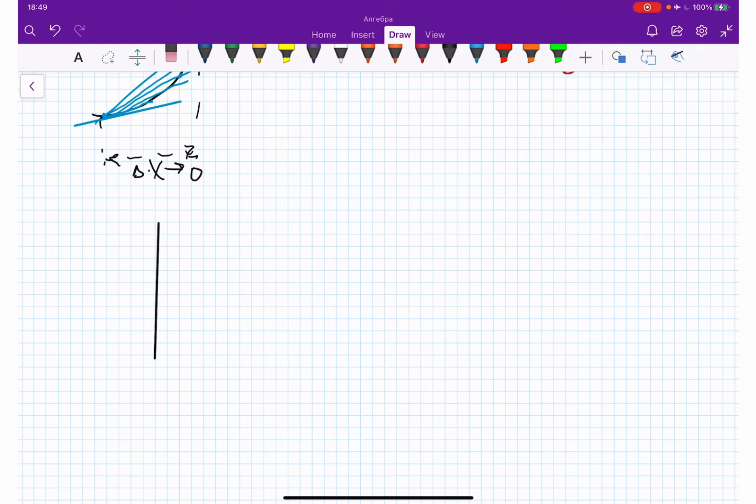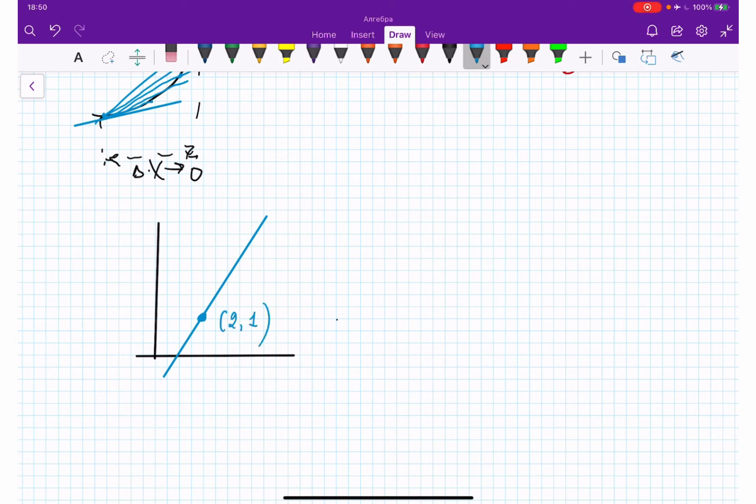I have such a graph. I'm not going to follow proportionality of the x and y, I'm just going to throw in the numbers I am interested in. Let's say this is my point 2 and 1.